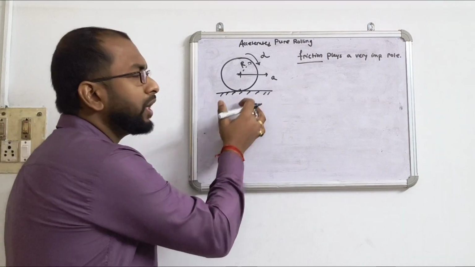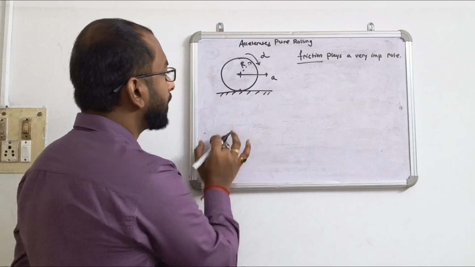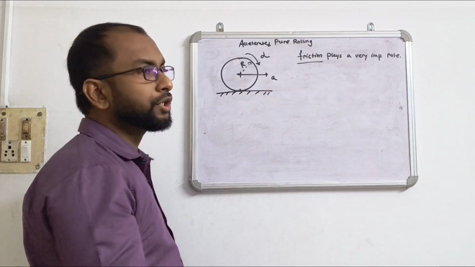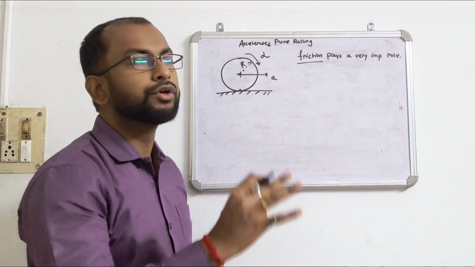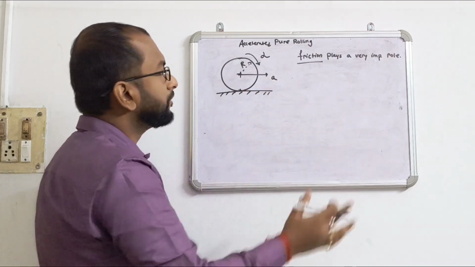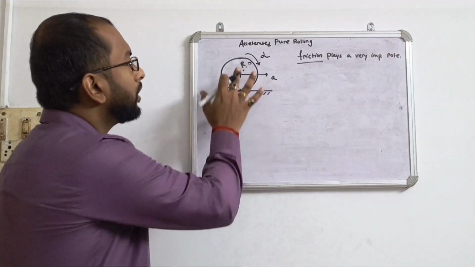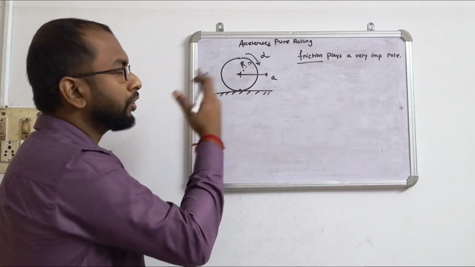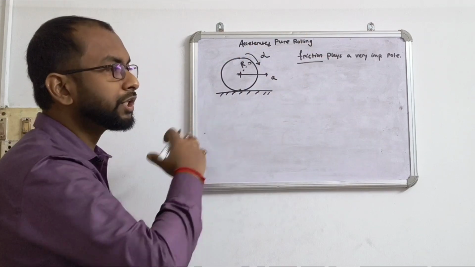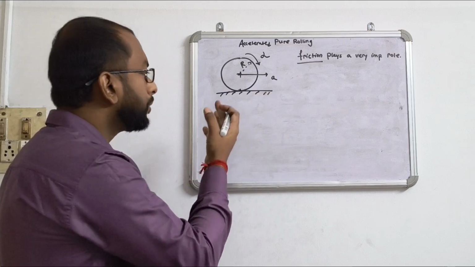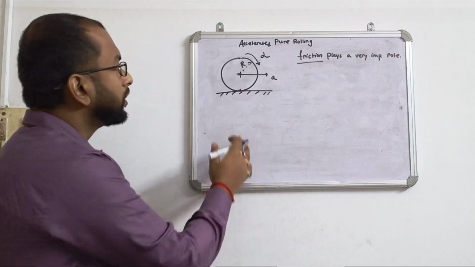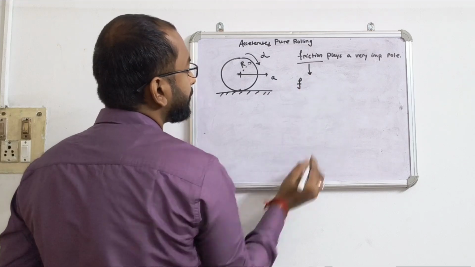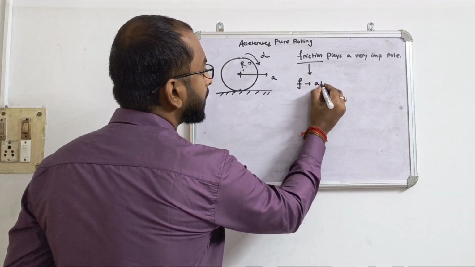The friction will adjust itself so that the point of contact of the spherical body has the pure rolling condition satisfied. It will always try to adjust itself depending upon the force application point. It will try to adjust itself forward, backward. It will try to reduce itself. It will try to make itself zero sometimes. So friction will adjust itself.